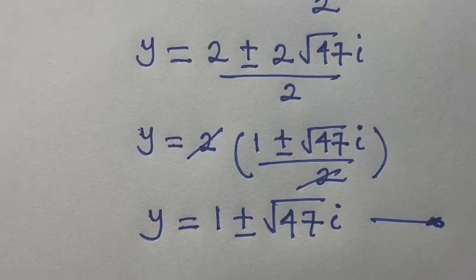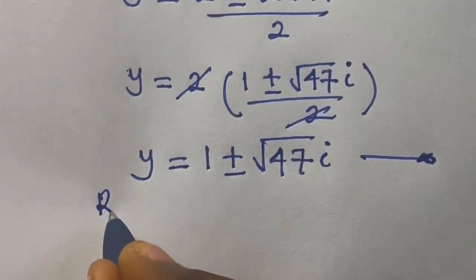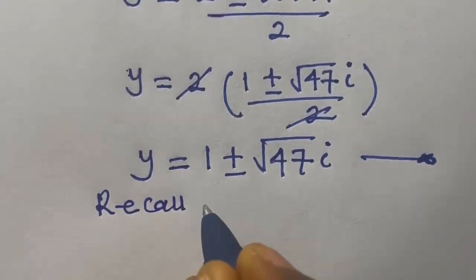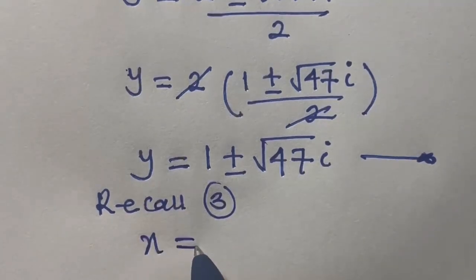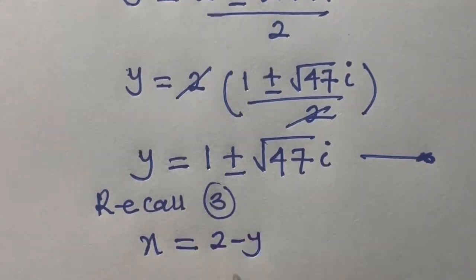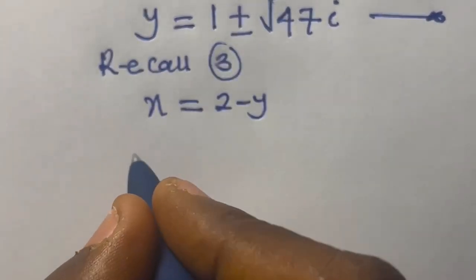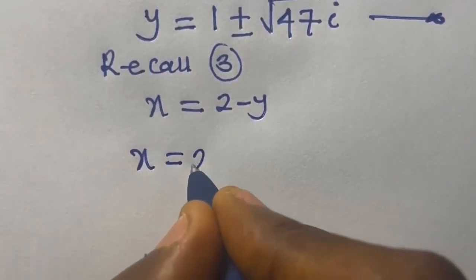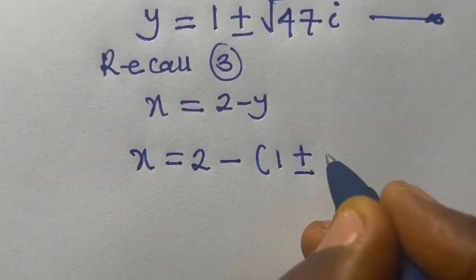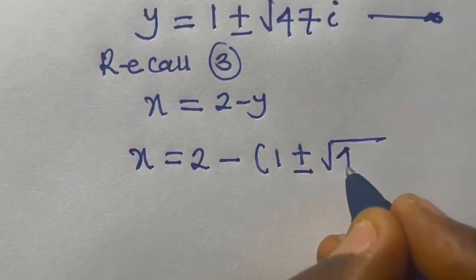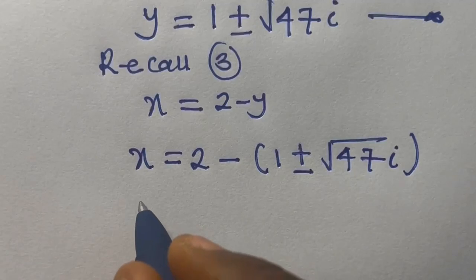To obtain our x, we should recall equation 3. We say x equals 2 minus y, right? So let's substitute this y into this. So we'll have x equals 2 minus 1 plus or minus square root of 47 i. Guys, we are going to do something interesting here.